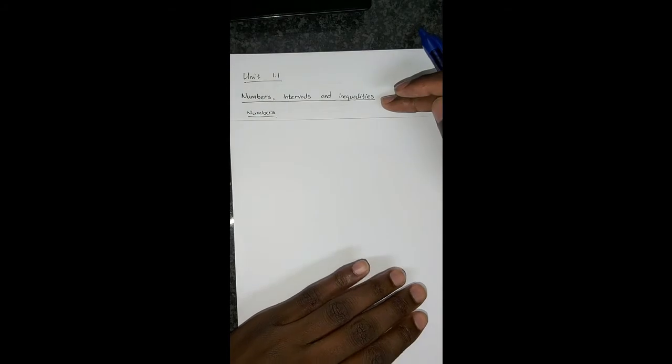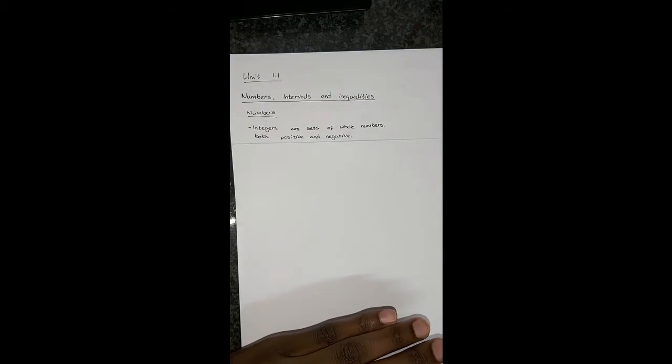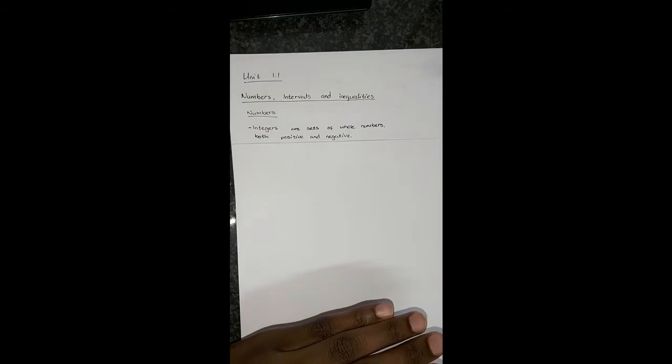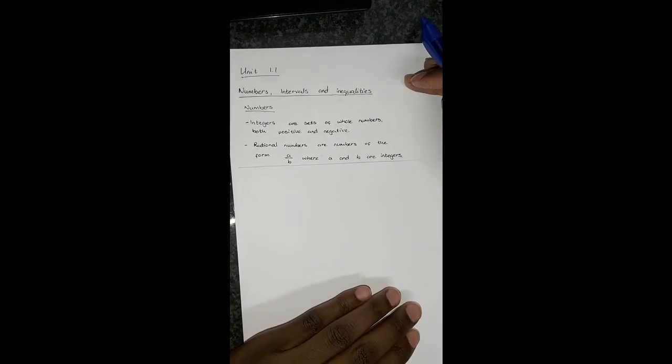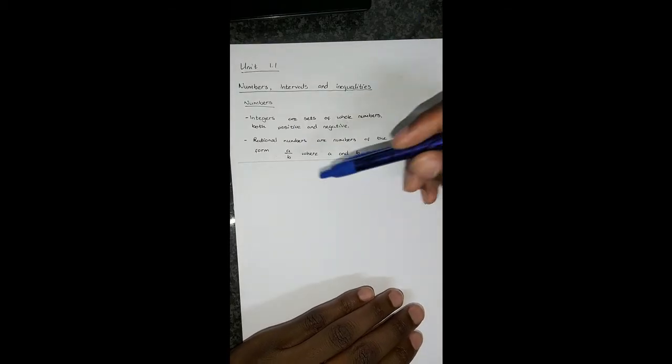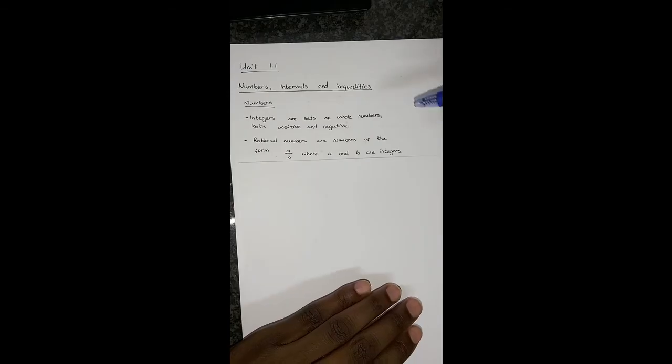So the most important are obviously integers, rational numbers, and irrational numbers. So our integers are just sets of whole numbers which are both positive and negative. So you can go maybe, for example, -4, -3, 1, 2, 3, 4, etc. And then rational numbers are just numbers of the form a over b. So these are like fractional forms where a and b are both integers.